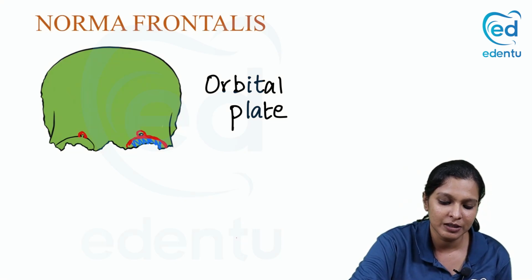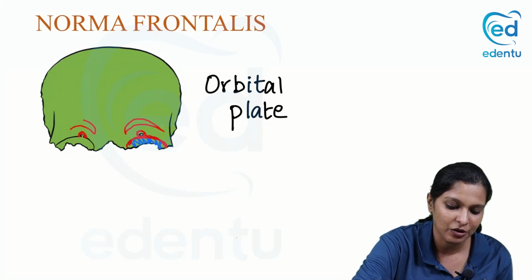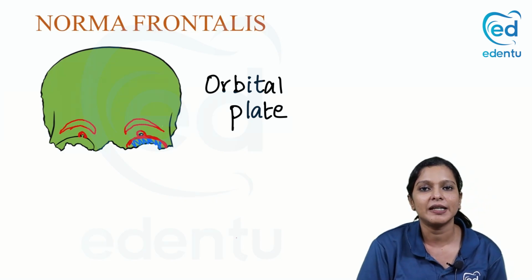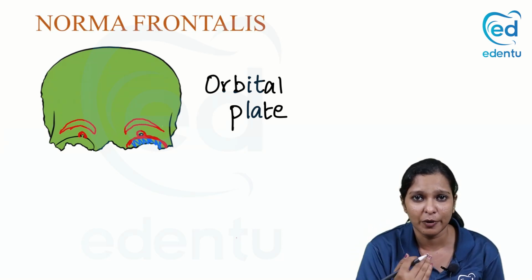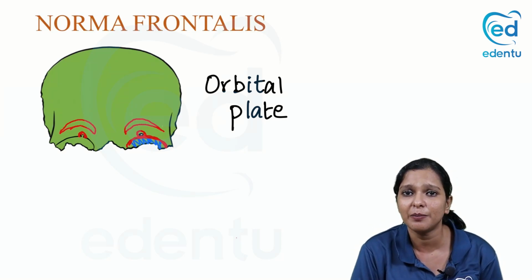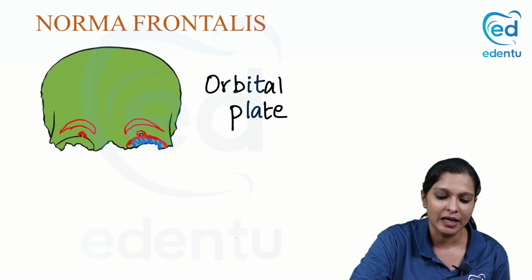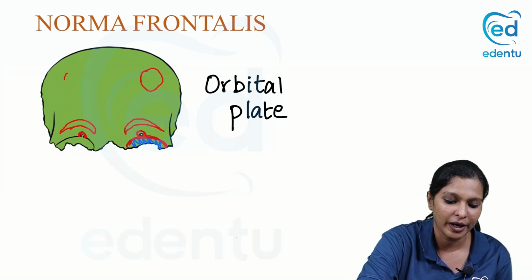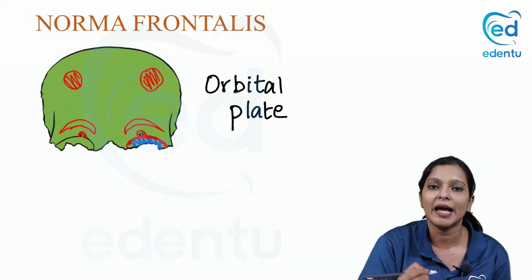In addition to this, there is a bulge above the orbit. Okay, that is called as superciliary arch. There is a bulge, a prominence above the supraorbital margin. You'll see a prominence that is called as superciliary arch. And then on either side of forehead, you'll see a prominent part. That is called as the frontal eminence.